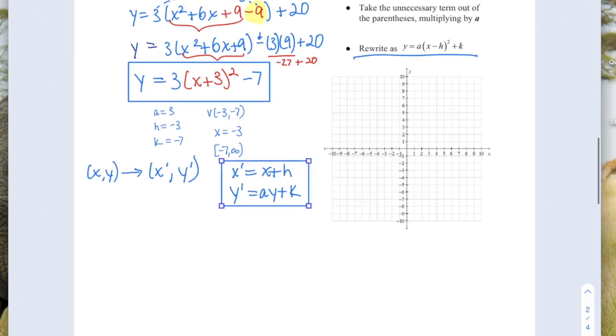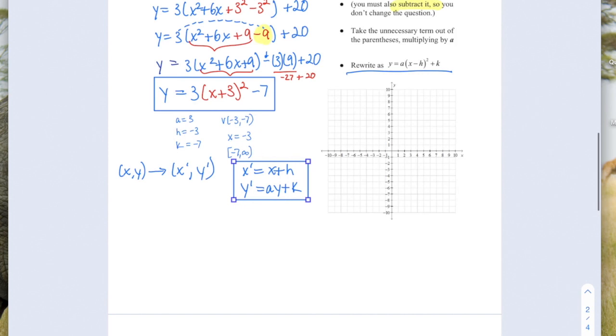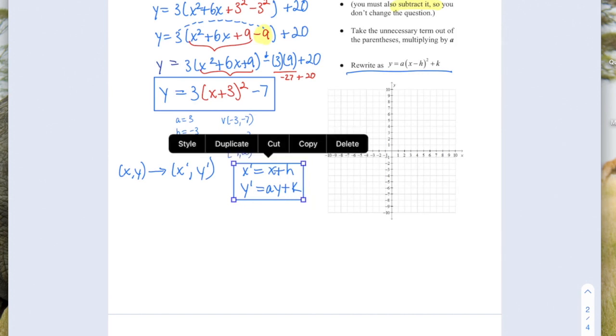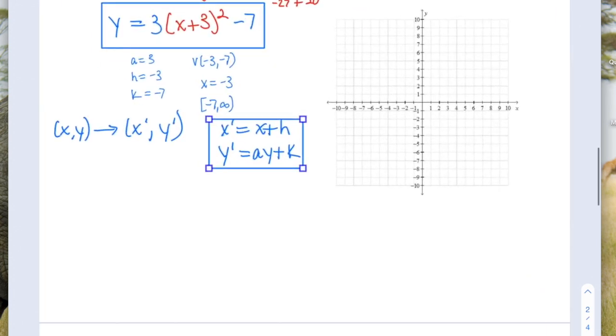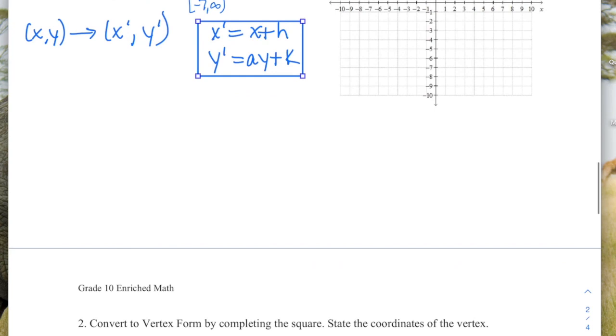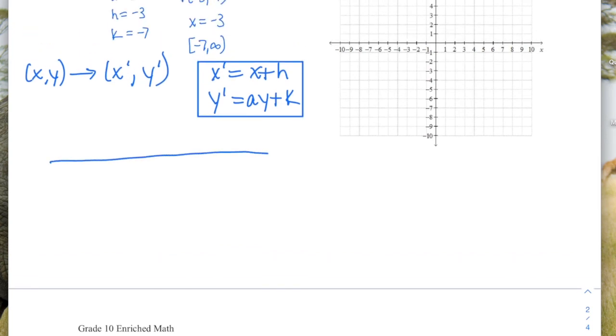The way I like to do this is in a chart. That's my preferred method, but you guys can just write them out as separate coordinates if you want. So what I like to do is I like to start my chart exactly the same every time.